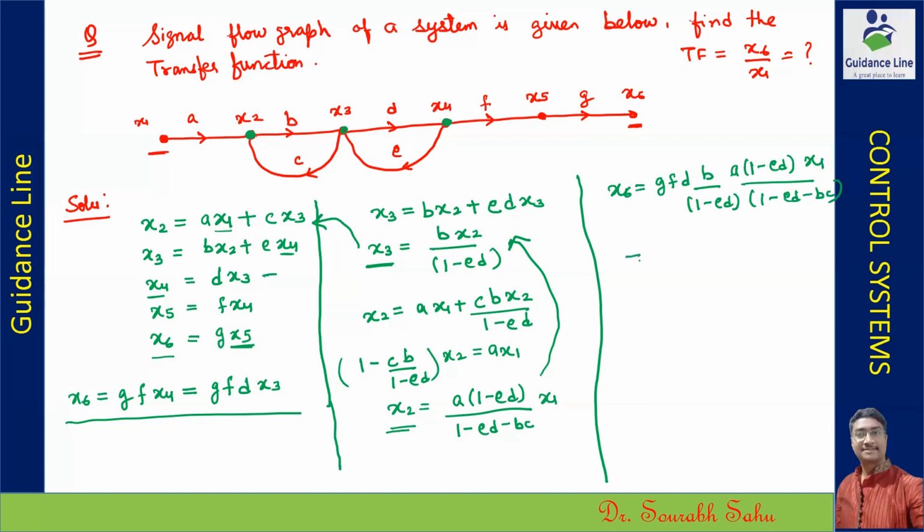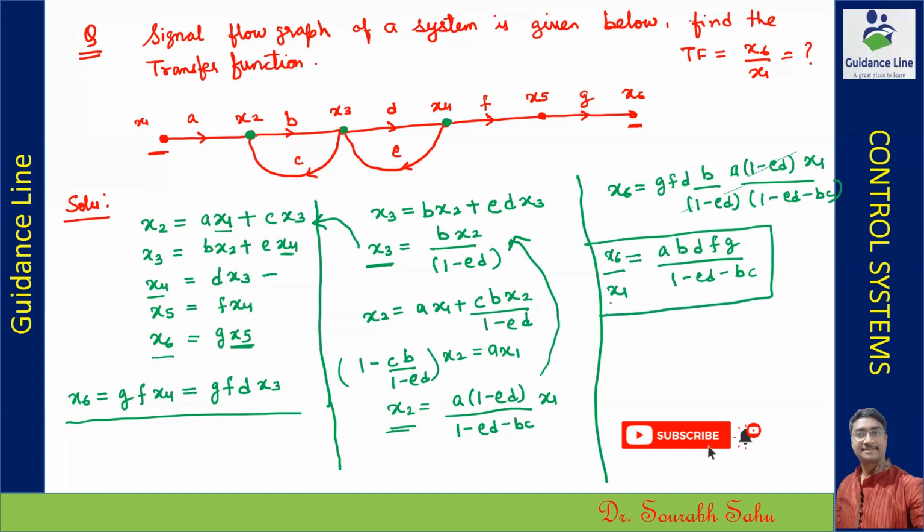From this you can see I can cancel out 1 minus ed, and we get the value a b d f g divided by 1 minus ed minus bc, and it is nothing but x6 by x1.